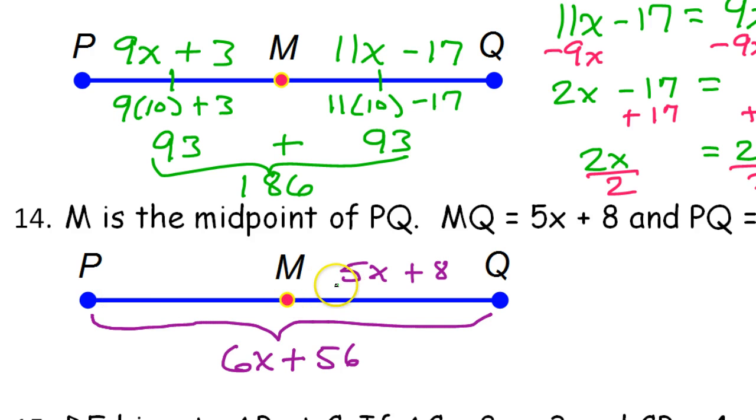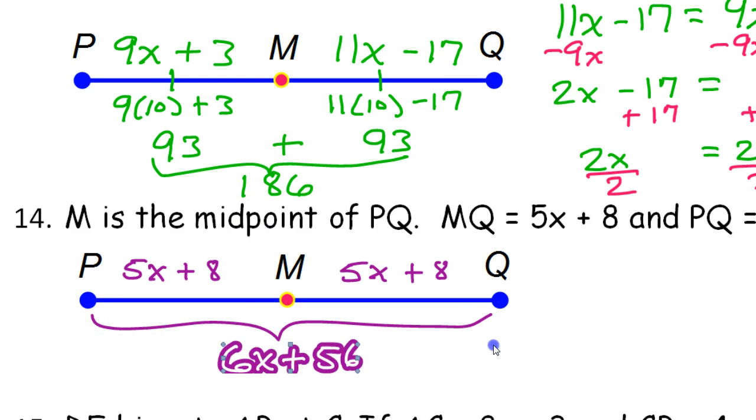If MQ is 5x plus 8, what do you think about PM? That's also 5x plus 8. Hello, midpoint, same size on both sides. Now, how about if we combine these to come up with one expression for PQ up here? I feel like this should be a different color down here.